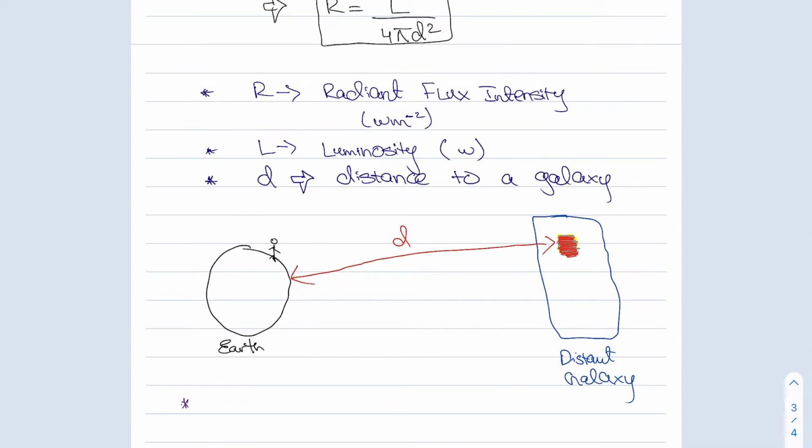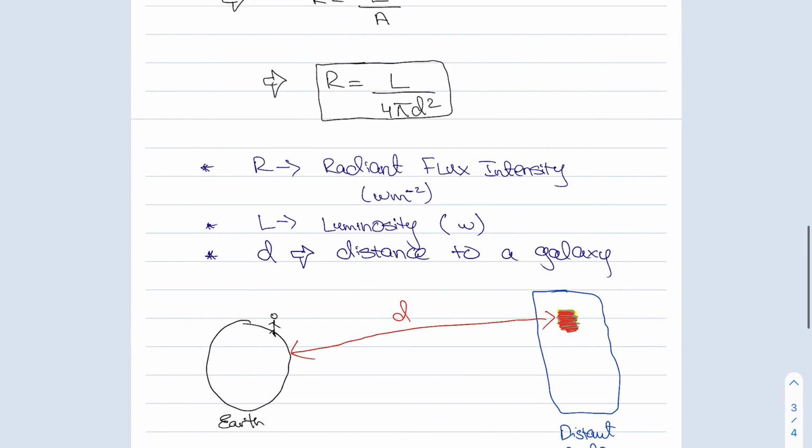R can be found by using a telescope or a CCD, short for charge coupled device. Okay.